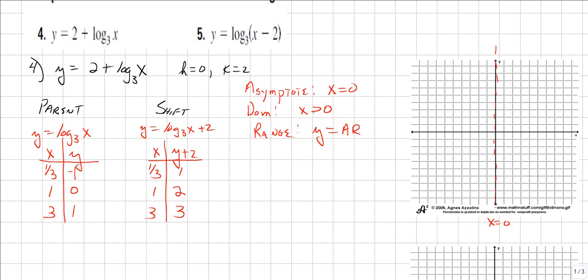So let's go ahead and plot the points. I've got 1/3, 1. Then I've got 1, 2. Then I've got 3, 3. And so this is going to come along the asymptote and swing out.